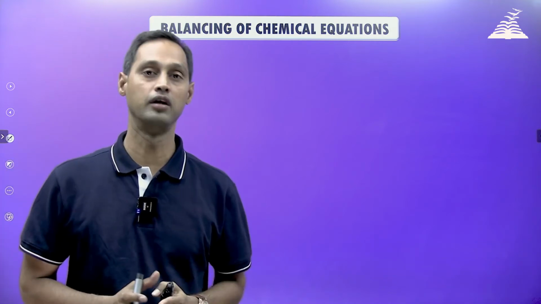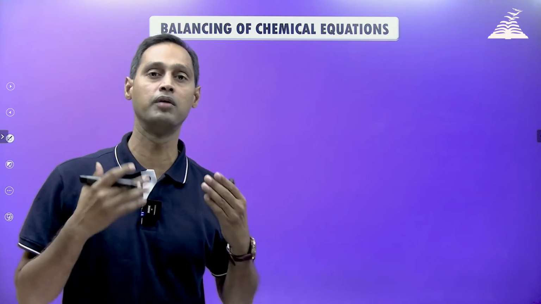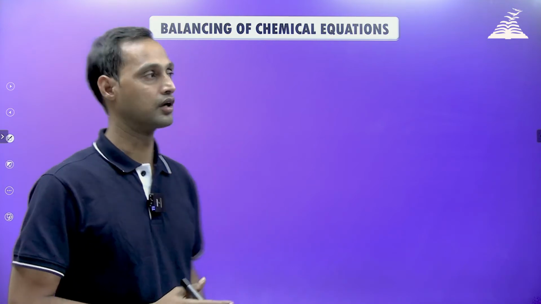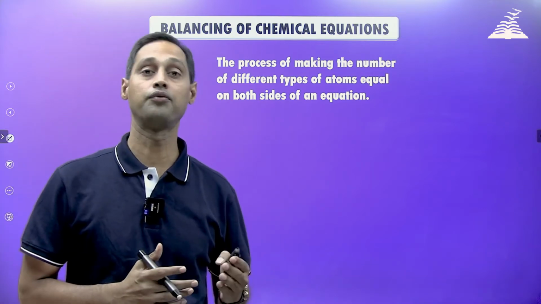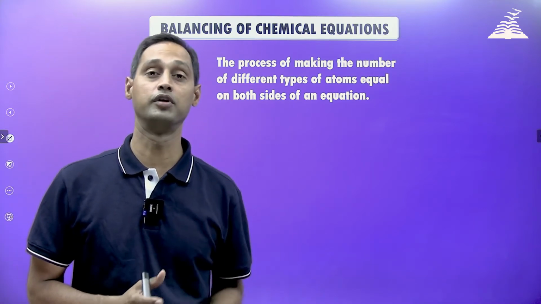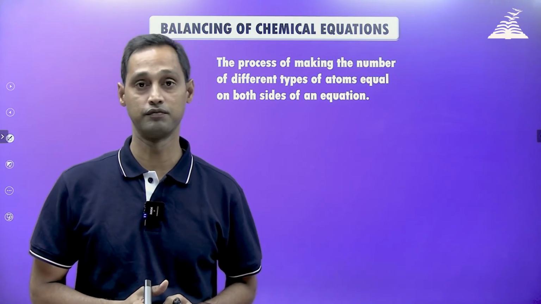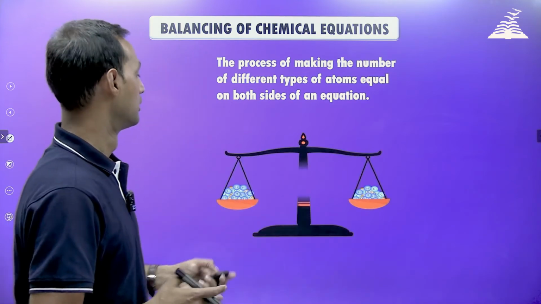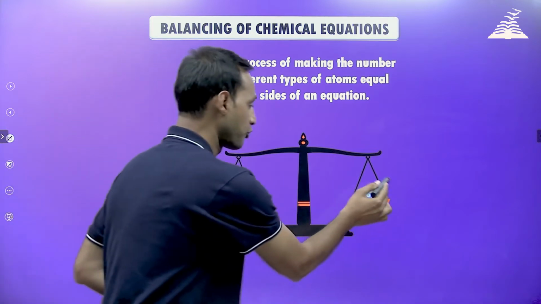First of all, we need to understand what you mean by balancing a chemical equation. It is very simple. The process of making the number of atoms of different elements equal on both sides of the given chemical equation. Here, let us say these are the reactants and these are the products.